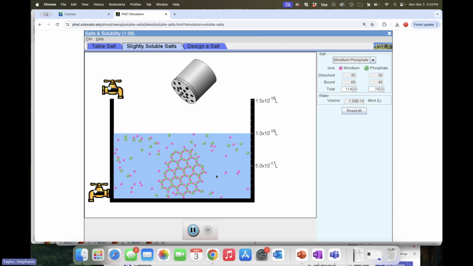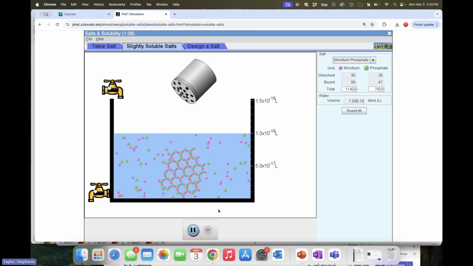Sometimes it is stuck in the structure and then it becomes dissolved and floats around or goes back. You can even kind of watch, if you watch it for long enough, some of these are sticking to the bottom. So they're not necessarily having to be in that lattice together.